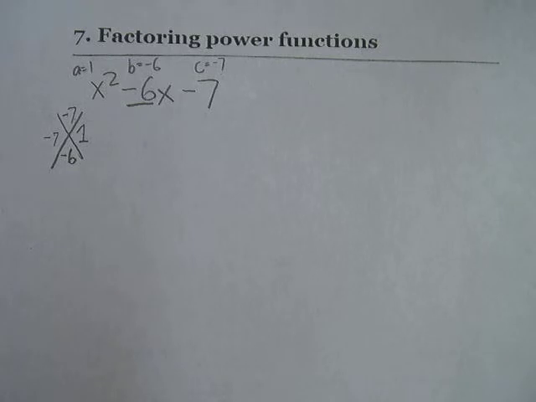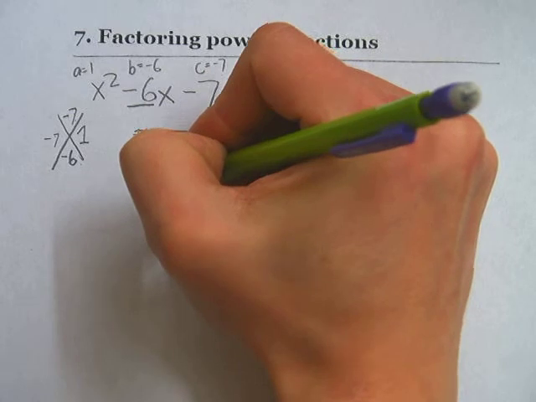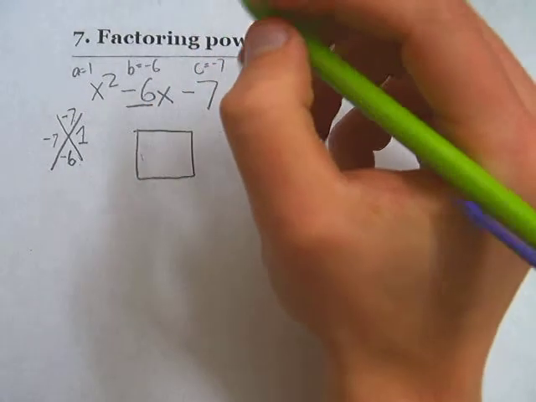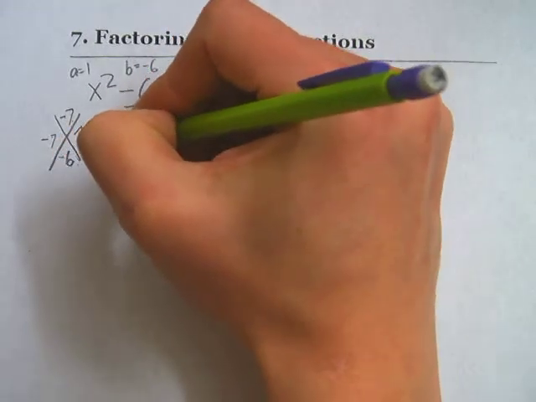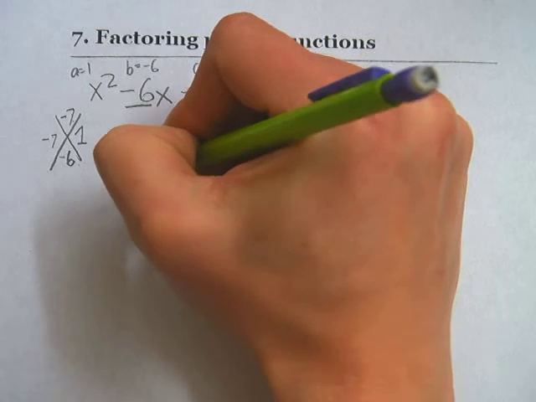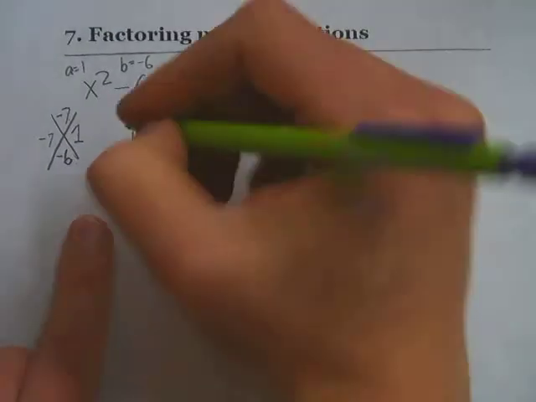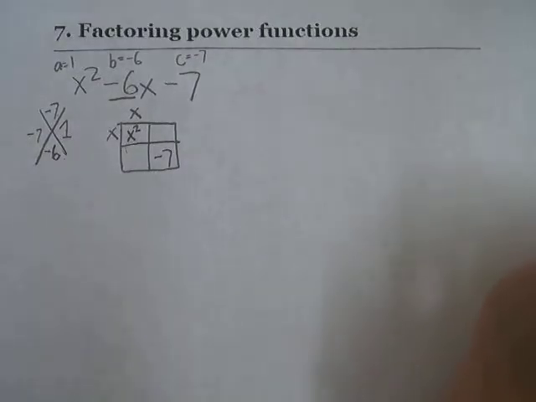The other way that's very commonly seen here is where you have x squared and -7, and you say, okay, I know I have an x and an x, because that's what multiplies to x squared. So I already figured out those terms.